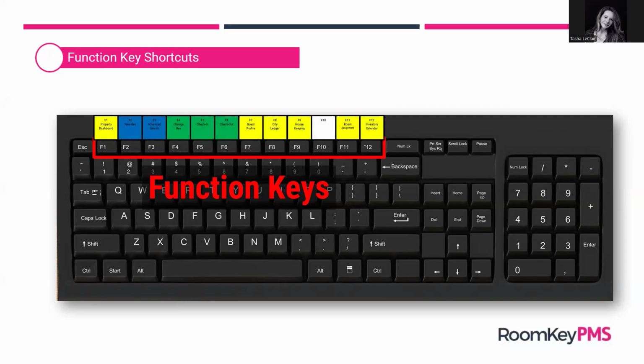Now, we do have a printable document from our support website that allows you to print off this legend, and you can actually attach it to your keyboard as pictured here. Some of our properties will do that whenever you first start using RoomKey, just to have a bit of a cue as to what you can use these function keys for. Now let's take a look at each of these function keys in a little more detail.